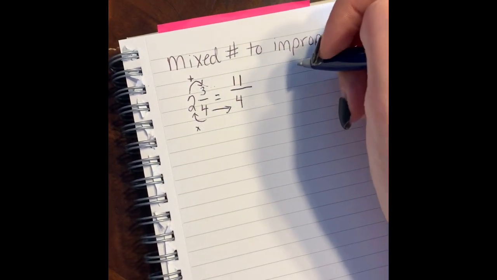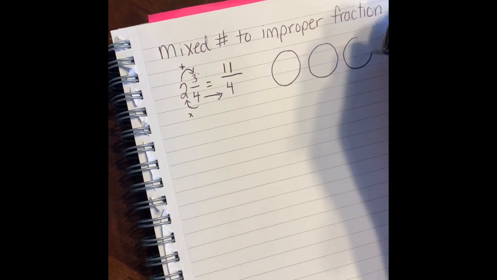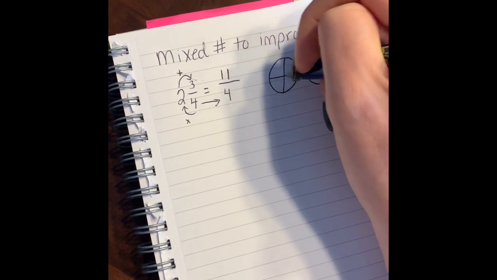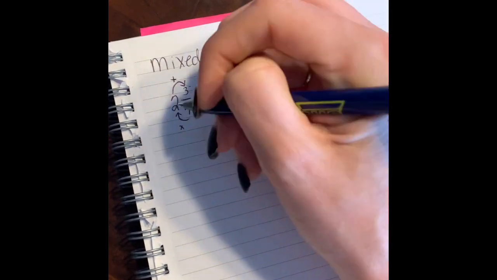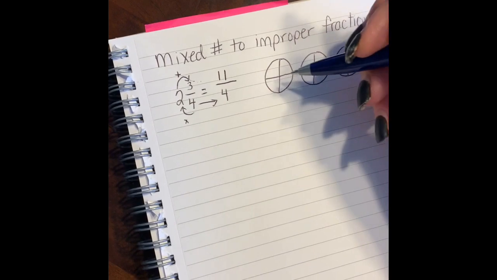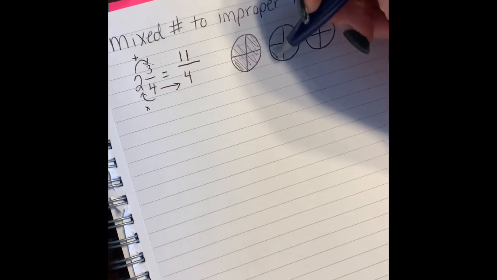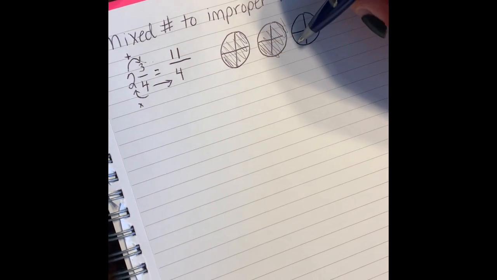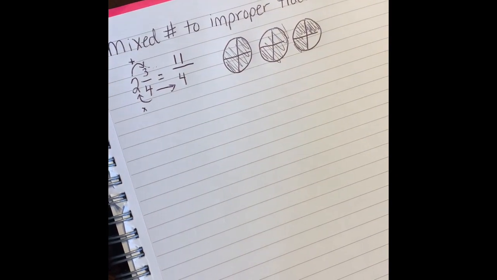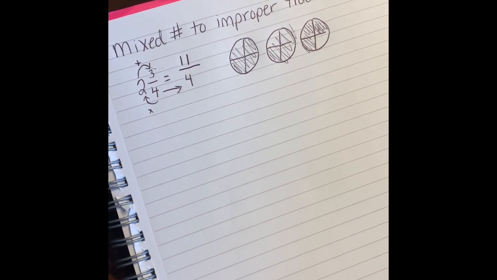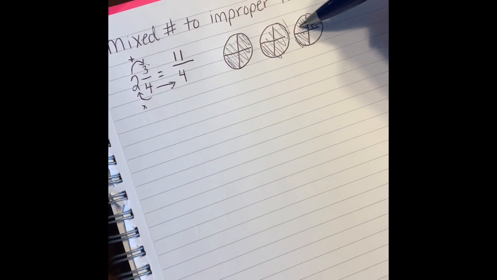And we know that's true because if I have pies that I cut into quarters, my denominator is 4, so I'm going to cut my pies into quarters. If I have 2 full pies and then 3/4 of another pie, then I have 11 quarters: 1, 2, 3, 4, 5, 6, 7, 8, 9, 10, 11.